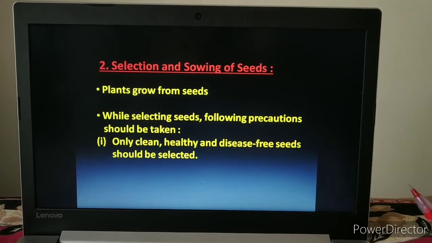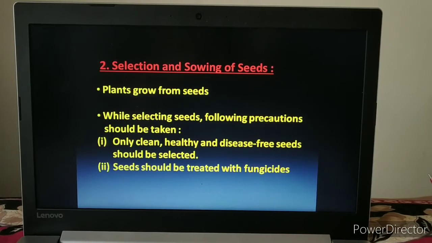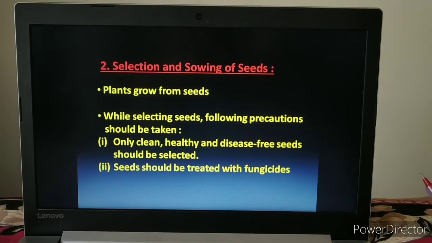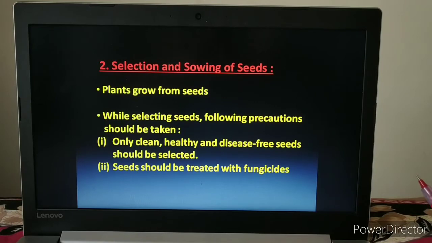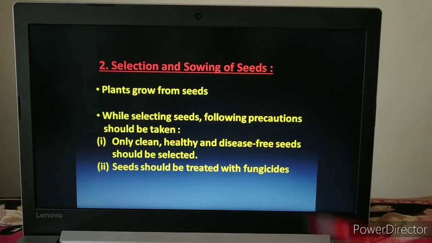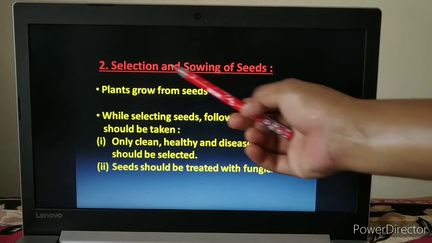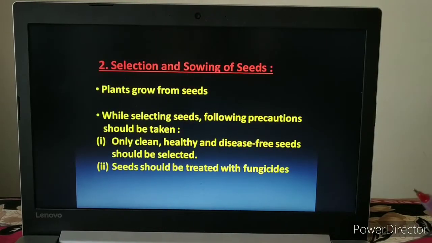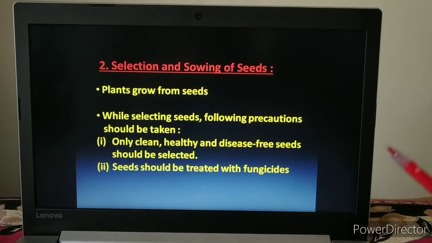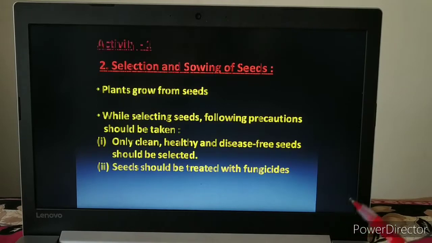It should be selected, and the seed should be treated with fungicides. Fungicides are chemicals that kill disease-causing fungus. So before we sow the seed, first we will select the seed. If we select seed of good quality, then a good crop, good quality plant will grow from the seeds.